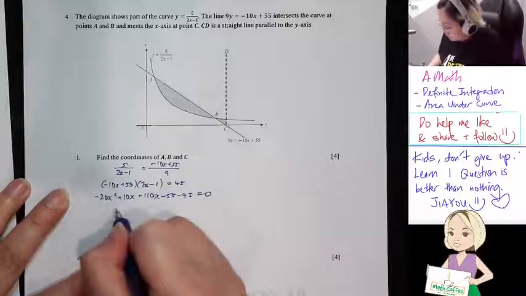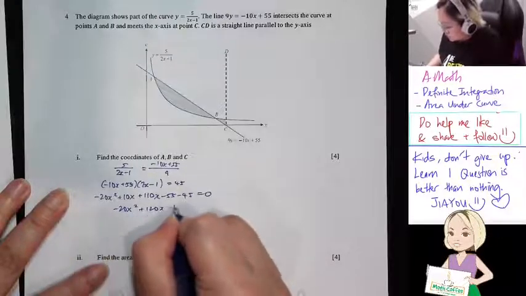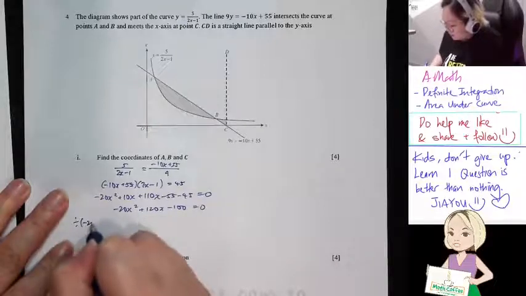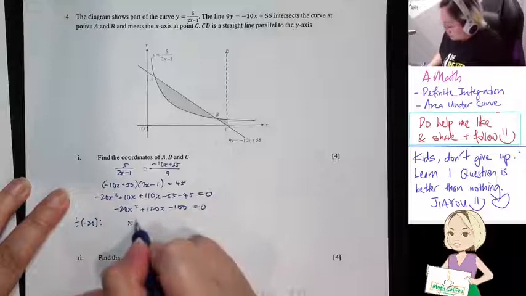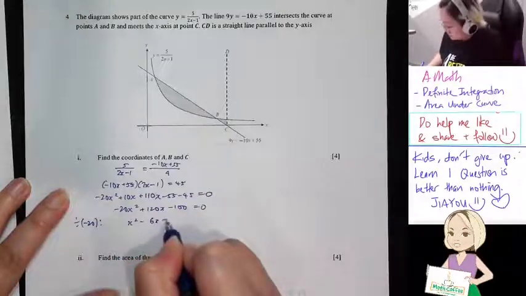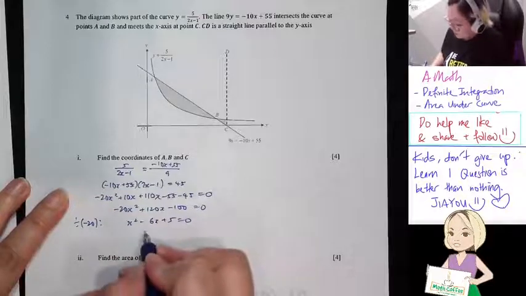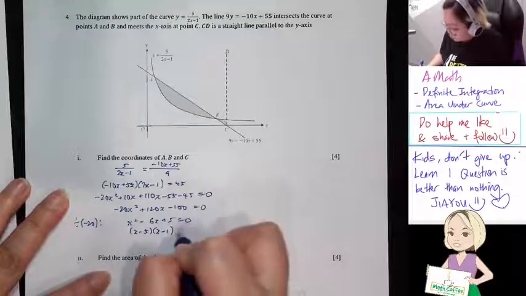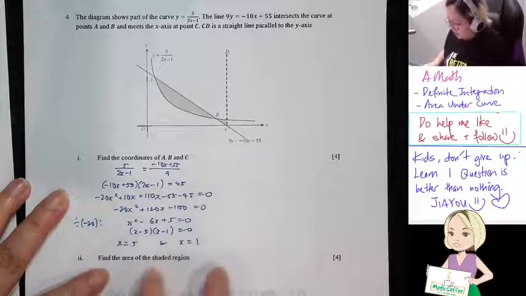When I reduce, I have minus 20x squared plus 120x minus 100 equals 0. I'm going to divide by negative 20 to have a nicer equation. So I have x squared minus 6x plus 5 equals 0. Let's factorize this. It becomes x minus 5, x minus 1 equals 0. So x equals 5 or x equals 1.